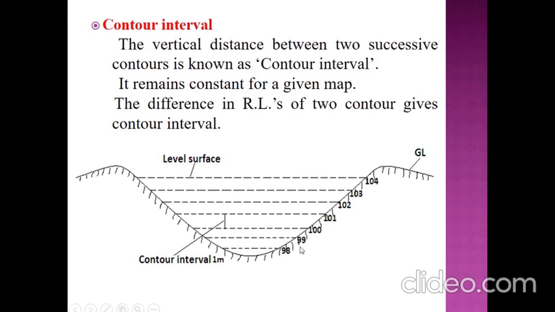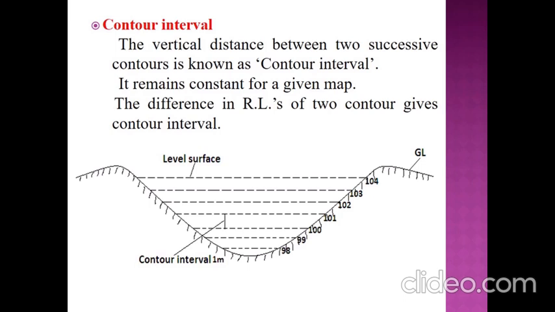So here 98, 99, 100, 101, 102, 103, 104 are the reduced levels of that surface, and here this is the symbol of ground level. Here this 1 meter is the contour interval. Basically, this interval remains constant for a given map.